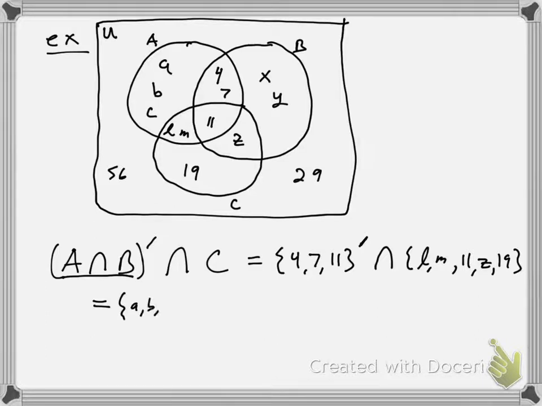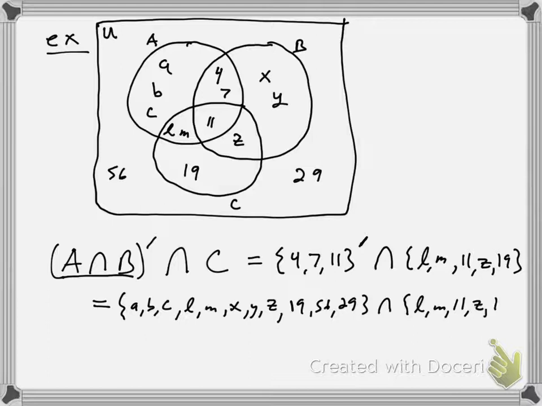That'd be A, B, C, L, M, X, Y, and Z, 19, 56, 29, intersected with L, M, 11, Z, 19. Okay, now what do they have in common?